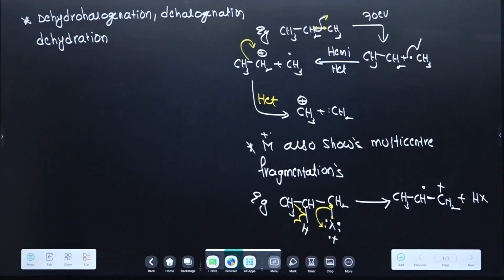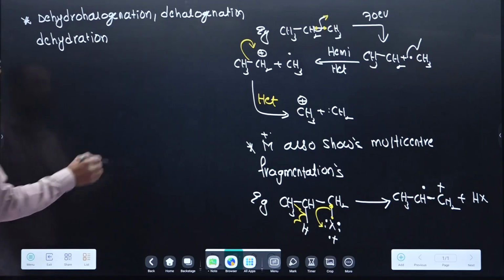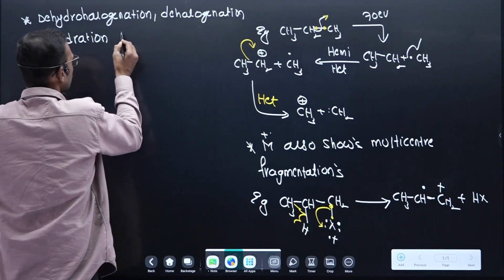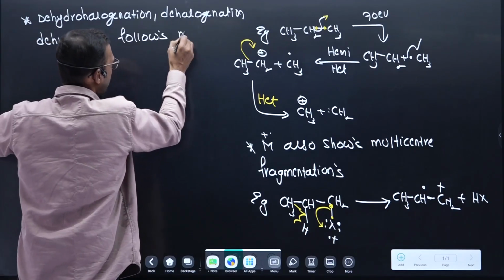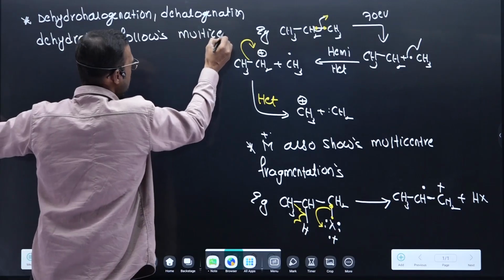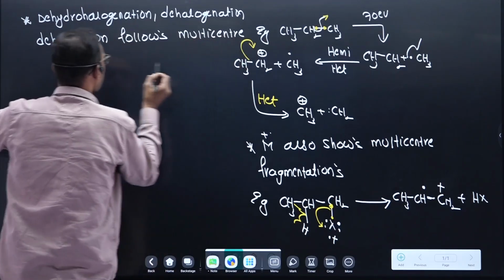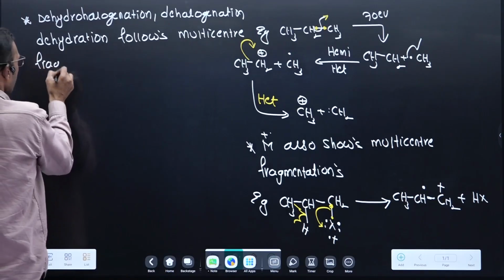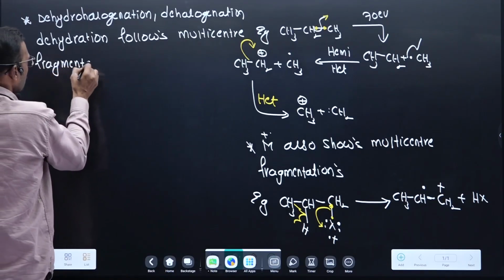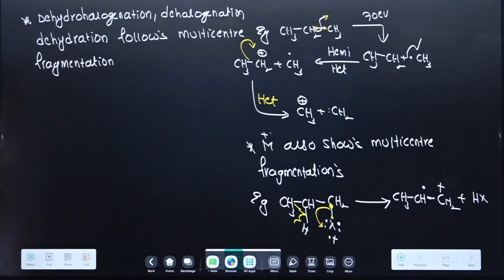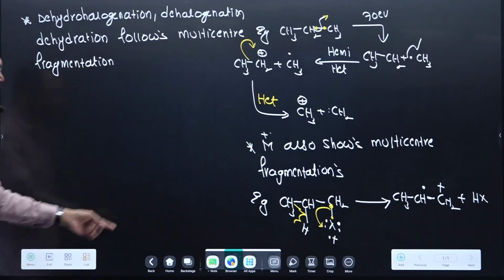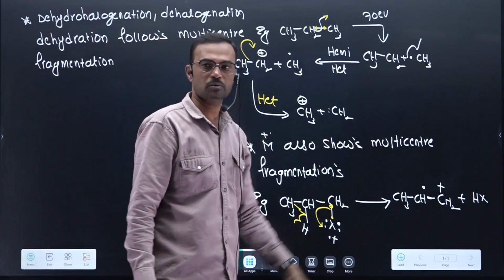Dehydrohalogenation, dehydration, dehalogenation follow multi-center fragmentation. If any molecule has a tendency to remove a water molecule, halogens, or hydrogen and halogen at the same time, it is a multi-center fragmentation. What is the meaning of multi-center?